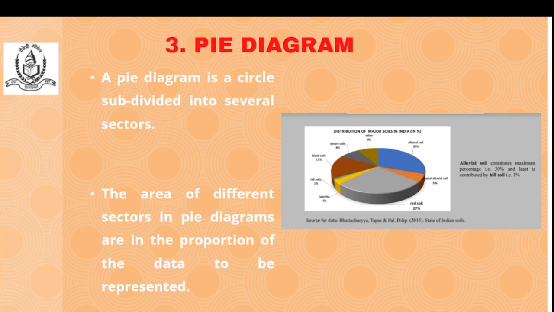So it is actually a distribution of major soils in India in percentage, and you can see here that different soils are being represented as different sectors of this circle. The area of these different sectors in a pie diagram is in proportion to the value of each of the observations that you are representing as the different sectors in the circle.